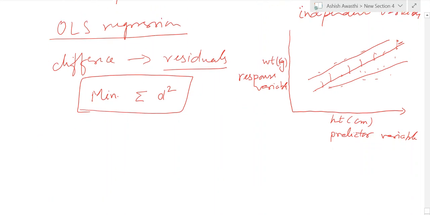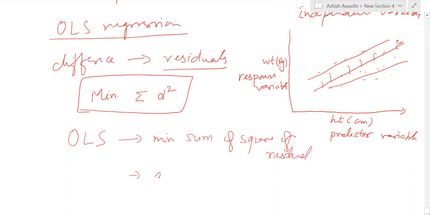So your OLS method will give you the minimum sum of squares of residuals as well as minimum variance in terms of residuals.